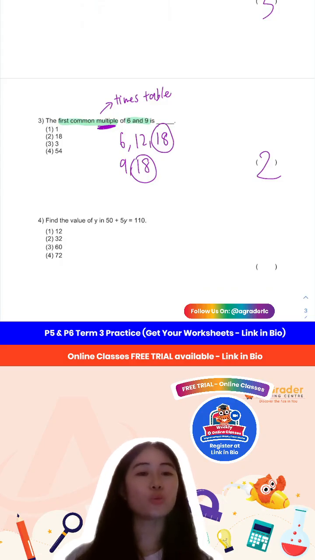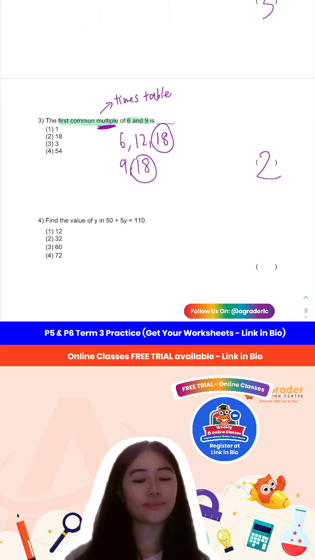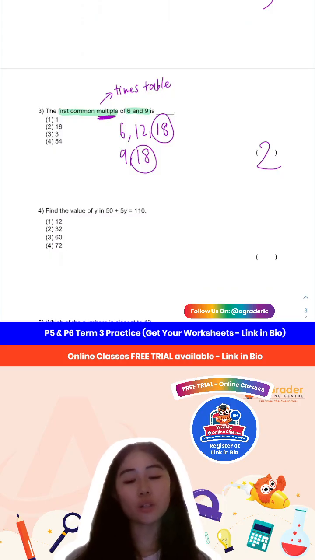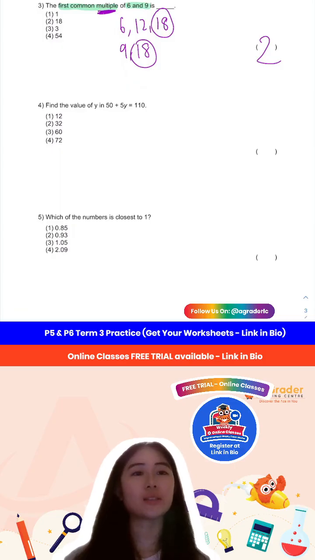That is option 2. So Kit Kat, I think you got confused with multiples and factors. If you chose number 3, because 3 is a factor, I think you thought they were asking about factors, right?